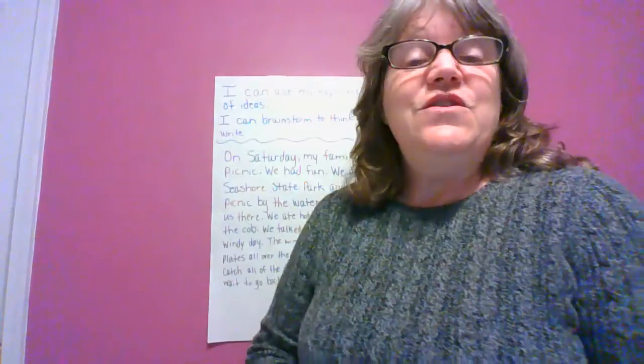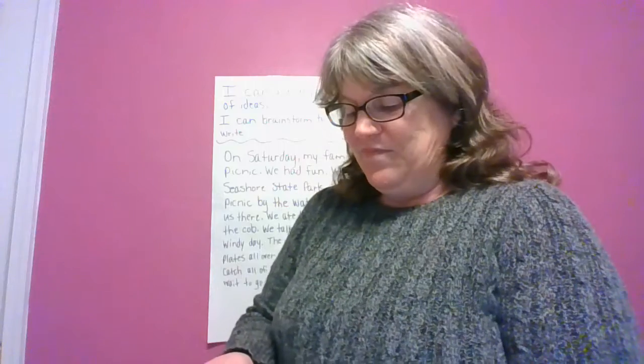And then you want to add some details. Make sure you have at least 6 good sentences. So that's an opening, a closing, and then you need 4 more sentences, okay? So that you have 6 sentences altogether. You can do more sentences if you want.